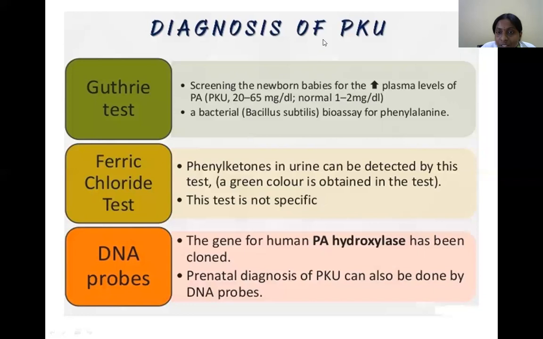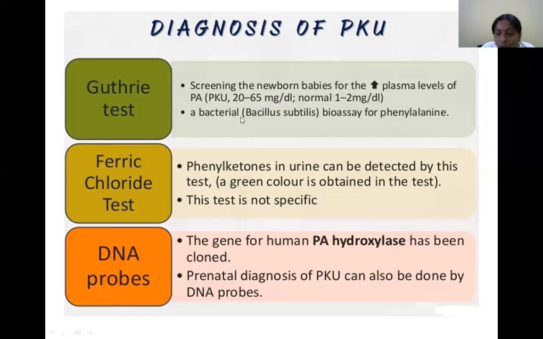The diagnosis of phenylketonuria. First test is the Guthrie test, screening newborn babies for elevated plasma levels of phenylalanine. The normal range is 1 to 2 milligrams per deciliter, but in phenylketonuria it ranges about 20 to 65 milligrams per deciliter.